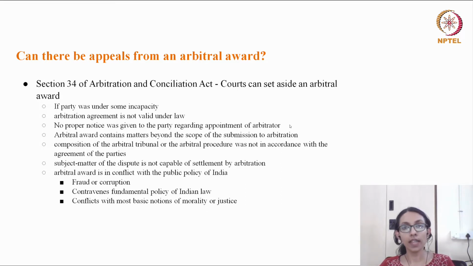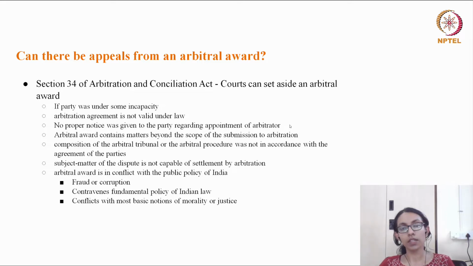The second ground is that the arbitration agreement entered into between the parties is invalid under law. Thirdly, if no proper notice is given to one party about the appointment of the arbitrator, then that party can prefer a challenge of the arbitral award before the courts.